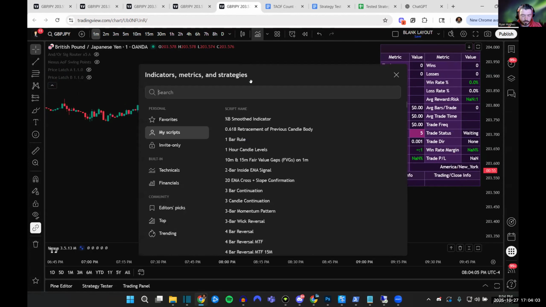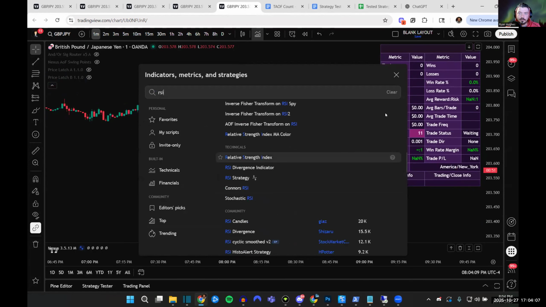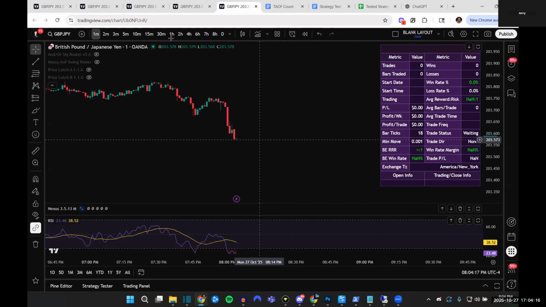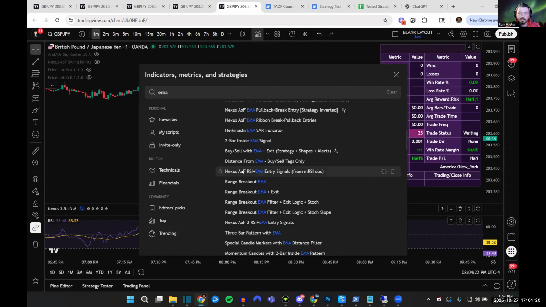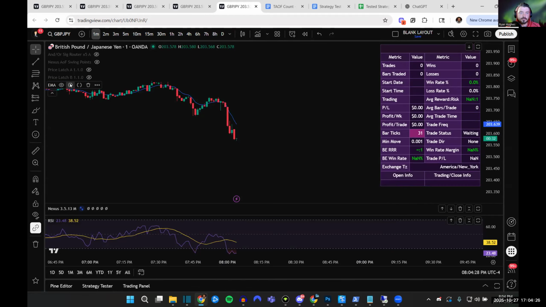Let's pull up an RSI super fast here. Okay, so we have the 50 marker right here down the center. And you have an EMA as well. I have dozens of personal indicators, so I have to wade through all those first.